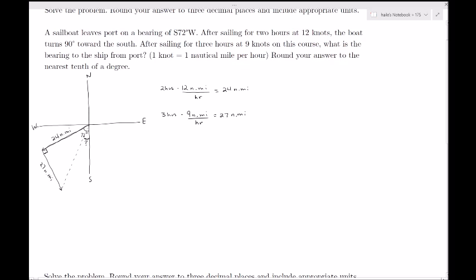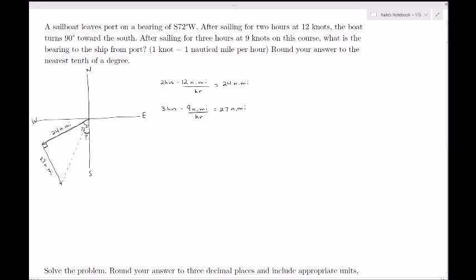Okay, so now we can see that we have a right triangle, and we know the opposite and the adjacent side to this angle in here. Note that this angle, which is part of our triangle right here, is not 72 degrees. That's going to be 72 minus the angle that we actually want to find. However, since we do know the opposite and the adjacent side to that angle, we can find out what it is.